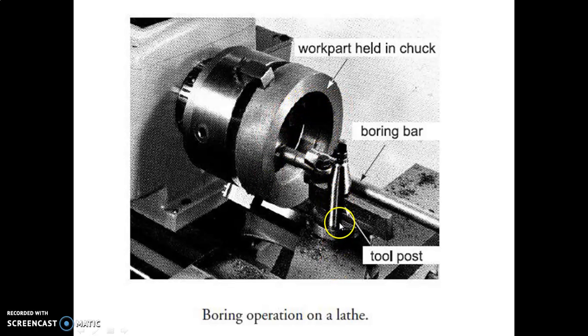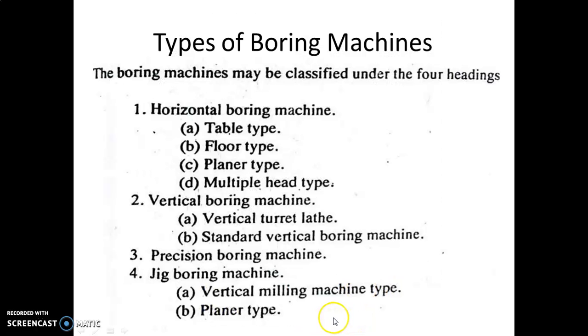Here is a fixed tool post carrying the cutting tool. The cutting tool cuts the material and enlarges the diameter, as this operation is carried out on a lathe machine.